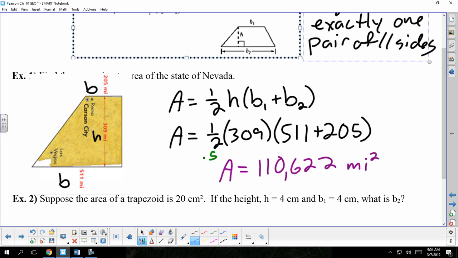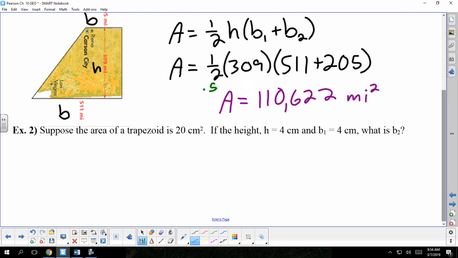Next. Let's go ahead and use this formula. Now we're given the area, and I want to figure out one of the bases. So our formula here, area equals 1/2 height times B1 plus B2. So what I'm going to do now is make a list of all the variables I have and substitute them in.